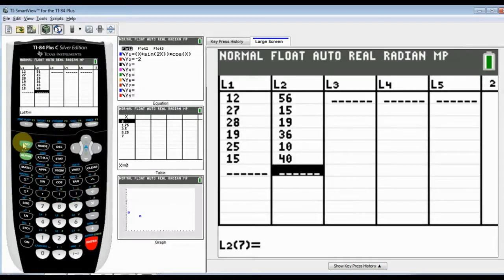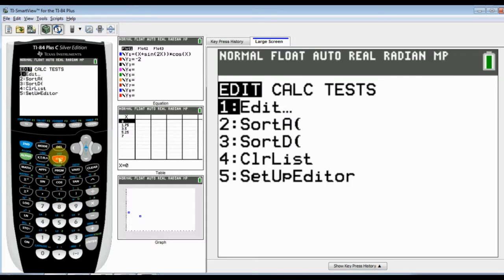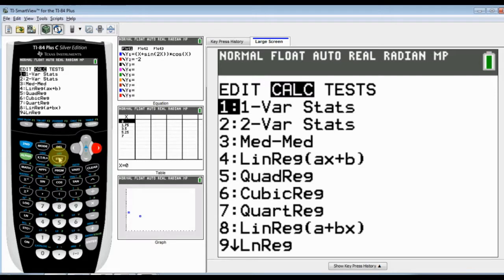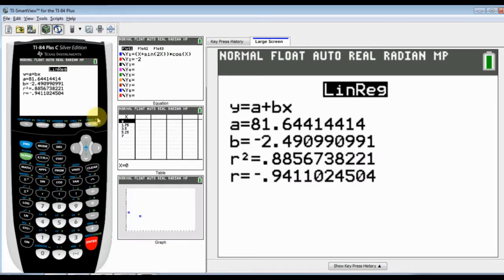Let's get the next screen, of course, is going to be calculation of a linear regression a plus bx. So for number 10, you can write that we can use LinReg a plus bx. You don't have to write it. I'm going to assume you're going to do it. There we go.